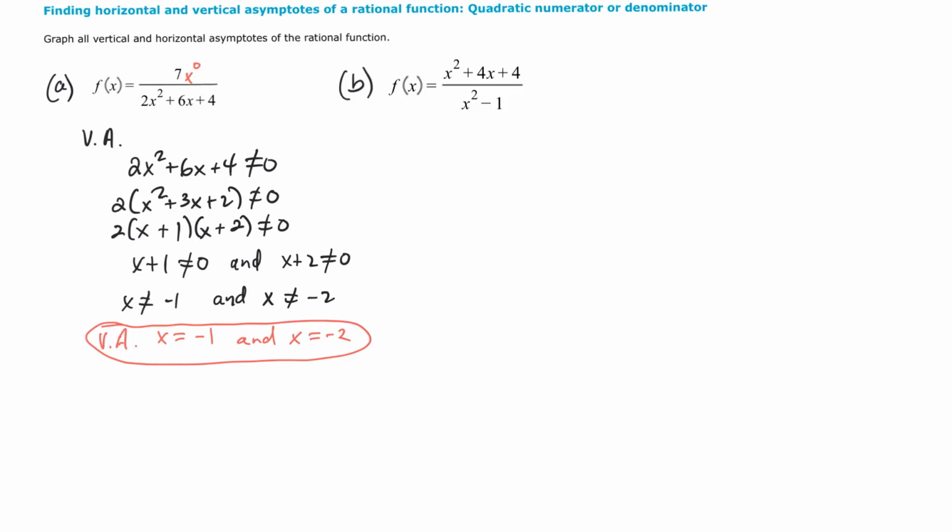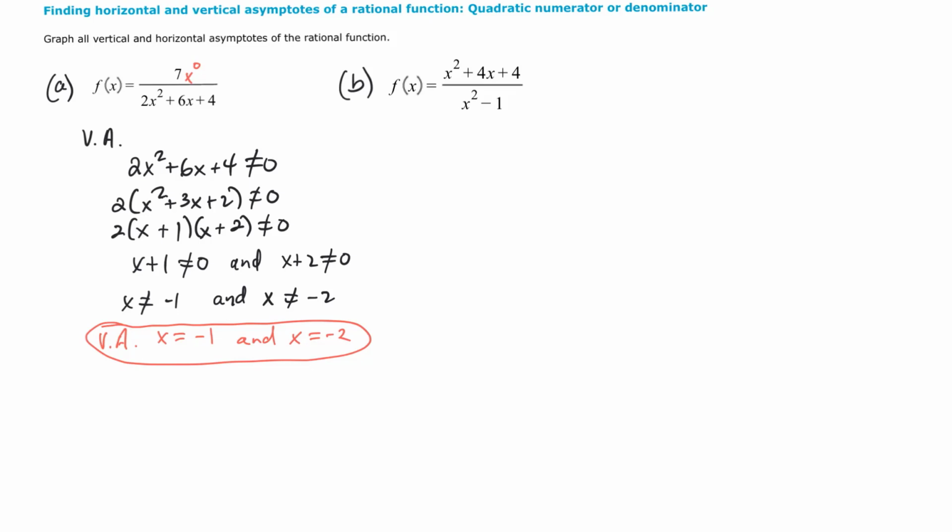Remember, x to the 0 is just positive 1. What is the degree of the denominator? The degree of the denominator is 2. It's simply the highest exponent in your polynomial. The degree of the numerator is less than the degree of the denominator.